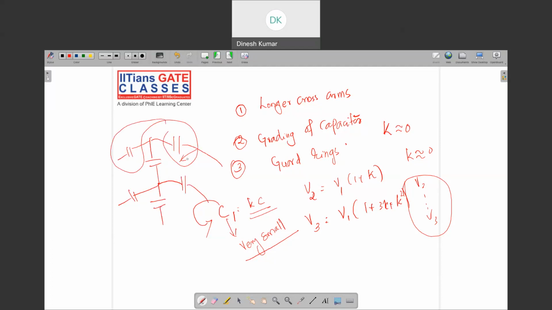Sorry, this current flow will be divided. Initially this was the current, now the current gets shared like this. So the effect of the capacitance will come down, so that the effective C1 comes down and this k will be nearly equal to 0.